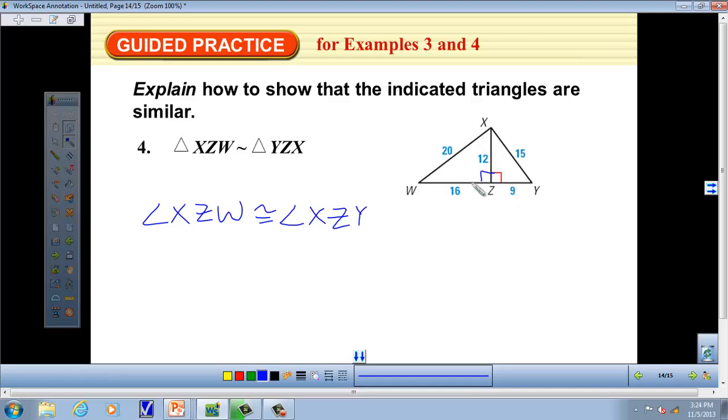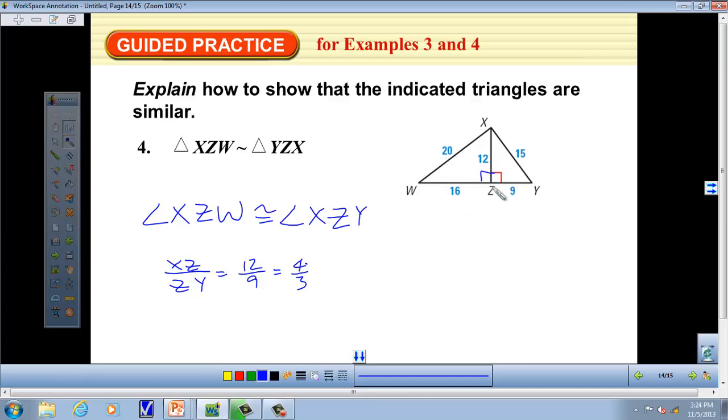So we could do this both ways. I'm going to use side angle side. So we can state that the short side on this one, which is XZ, matches up with the short one on this one, which is ZY. That gives us 12 to 9. Both of these are divisible by 3, so that gives us 4 to 3.